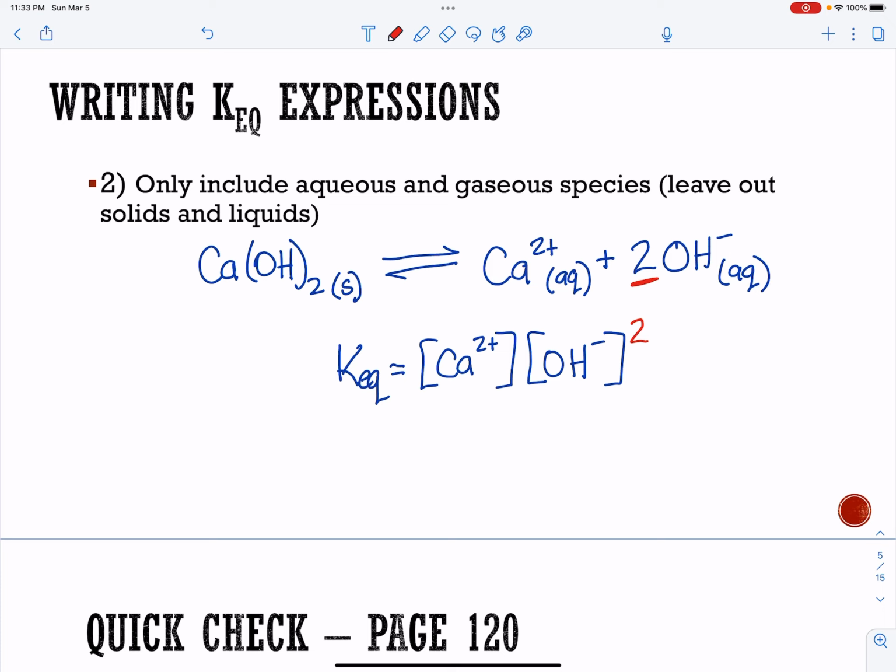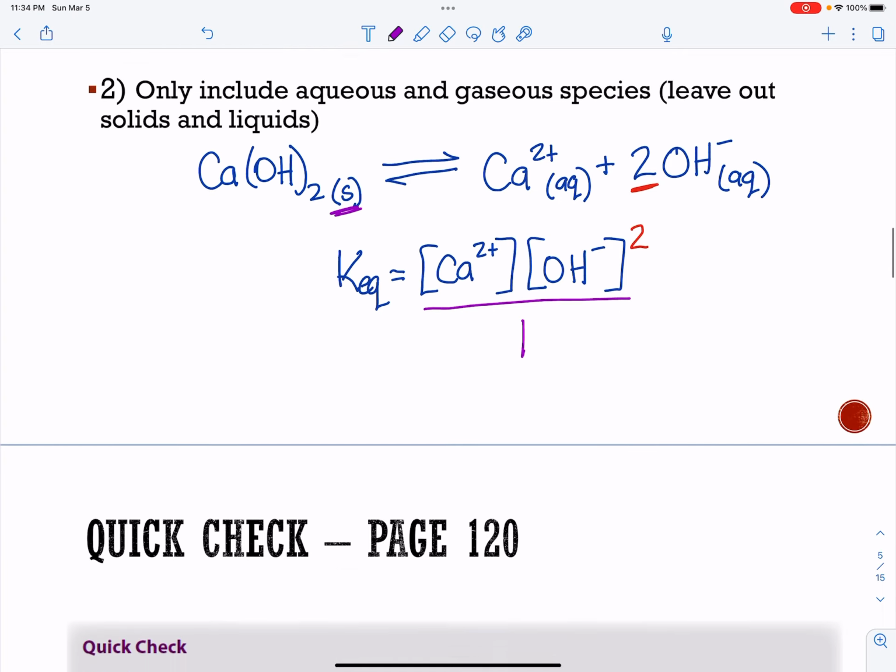So my KEQ expression is KEQ is equal to the concentration of calcium ions multiplied by the concentration of hydroxide ions. And because I've got a solid over on the left-hand side, on the reactant side over here, I'm going to leave it out of the expression, or alternatively, I could put everything over 1. Same thing here. So there's our KEQ expressions.